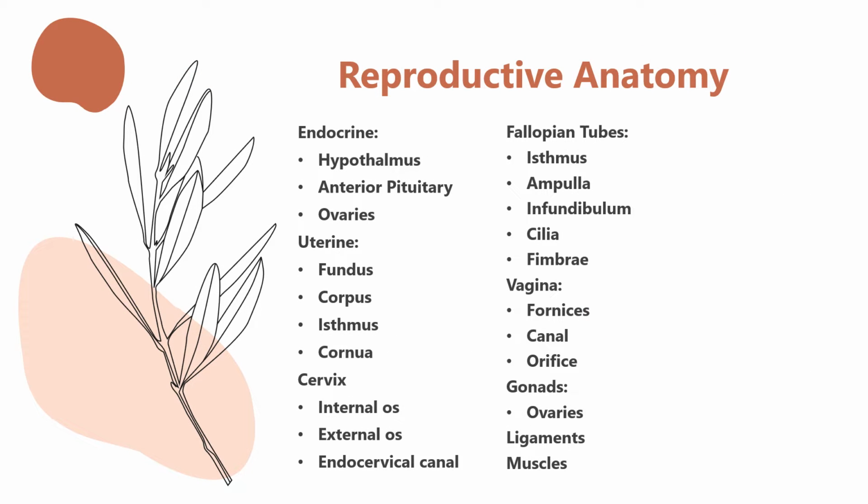So our reproductive anatomy, we're going to be kind of all over the body today. We're going to be looking at some endocrine anatomy that's going to be essential in operating or maintaining the female menstrual cycle.